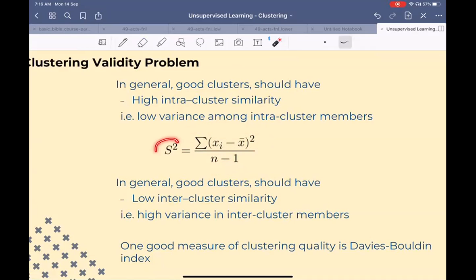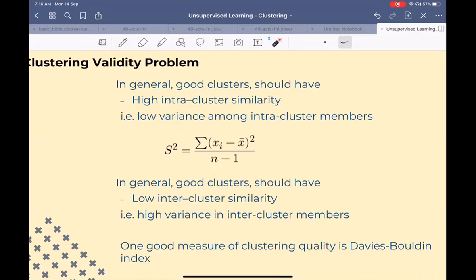This term tells me the variance between the intra-cluster points, and what we want is low variance. That is, we want all of these errors to be minimal. The closer the intra-cluster points are, the better for us. That is another way of saying high intra-cluster similarity or low variance.